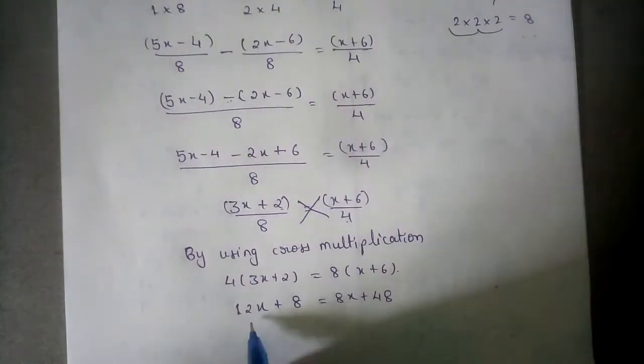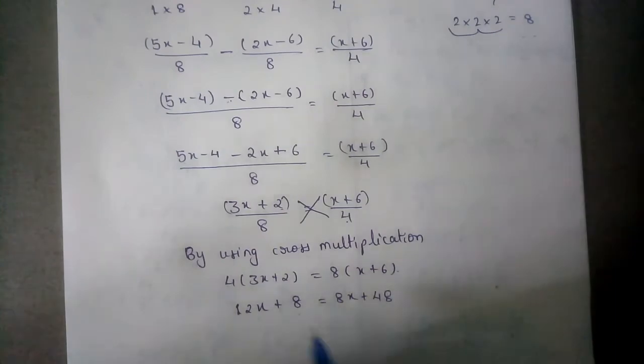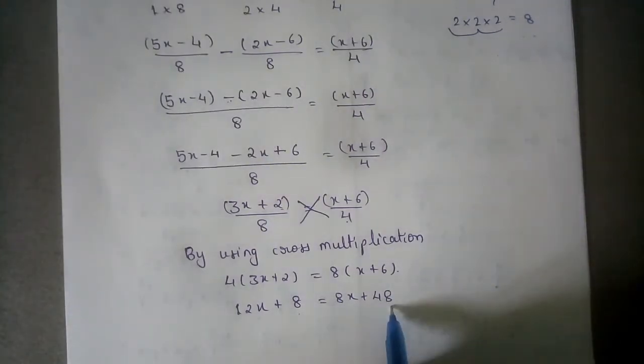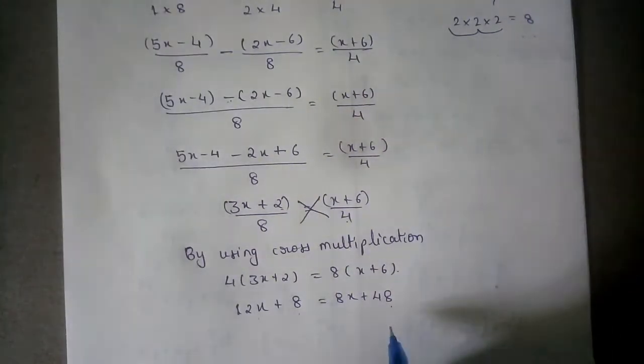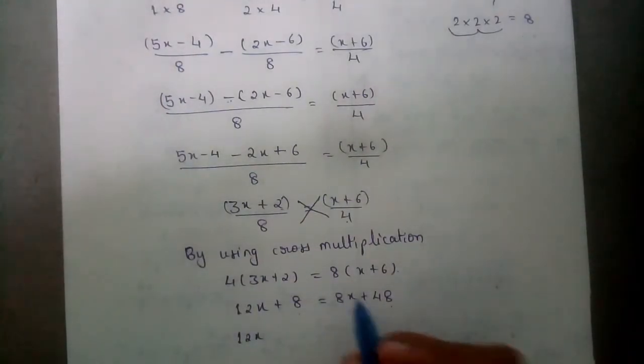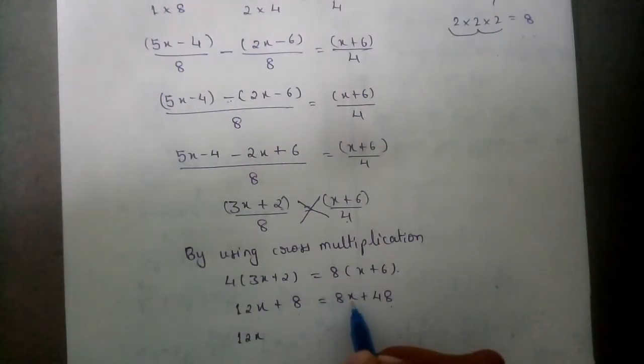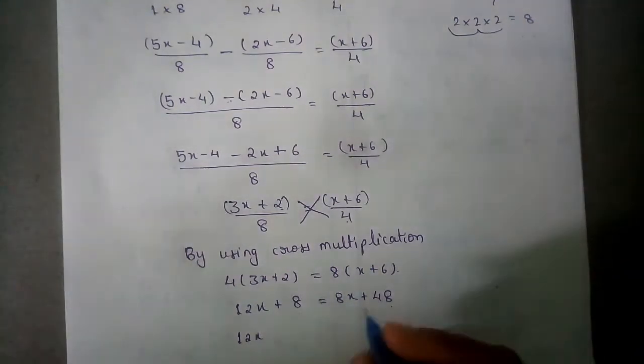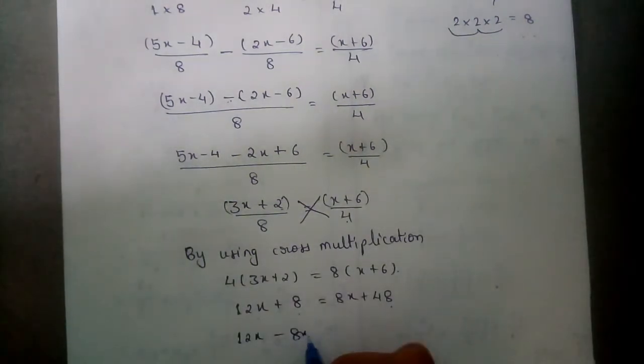Now here one variable term and one numerical term is present, here also one variable and one numerical. So shift the variable terms to one side and the numerical terms to another side. So I will keep this 12x as it is and I will transfer this plus 8x to the left hand side, so it will become minus 8x, that equals, then what is left here, 48.